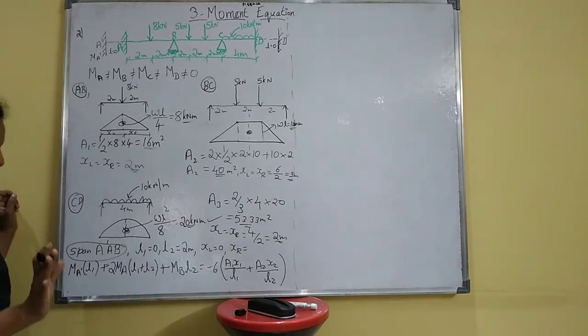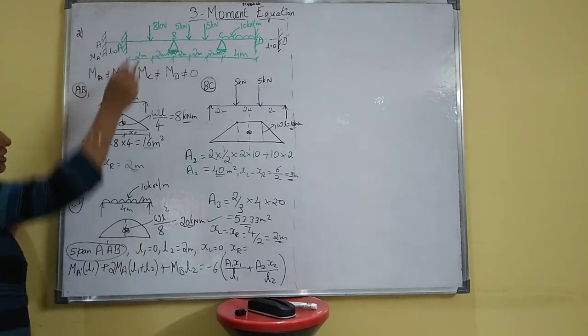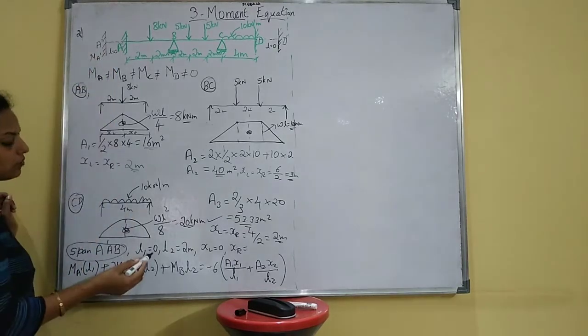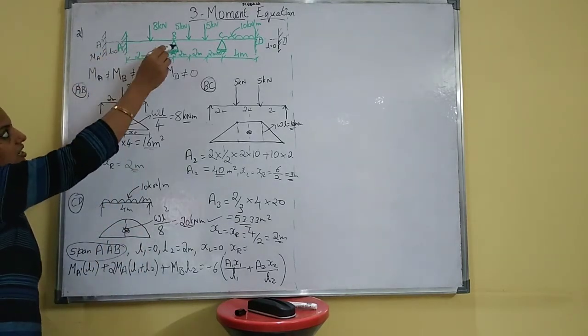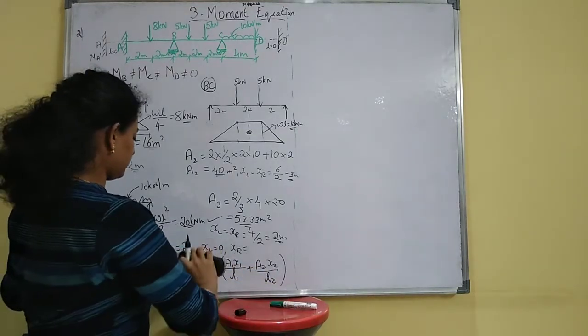This is the general formula. So here instead of MA we have MA dash, the next moment is MA, and the other one is MB. Here L1 is 0, for this length is 0, and the span is L equal to 4 meter.